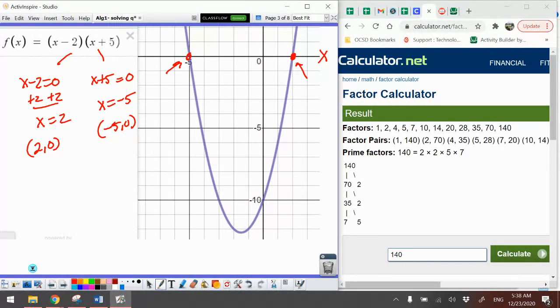So there is x equals -5, and here is x equals 2. Now, I also know that this is positive, okay? So I know it's a smile, not a frown, which means that a is positive on my standard form because there's no negatives in front of this function.